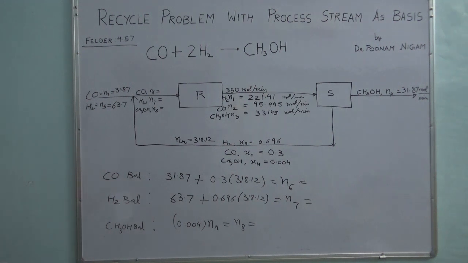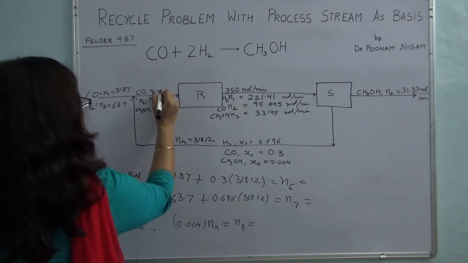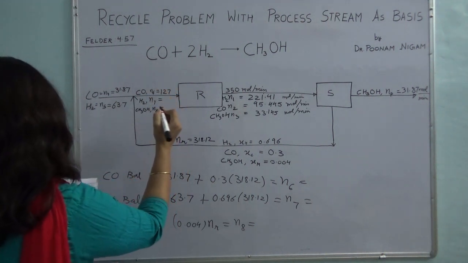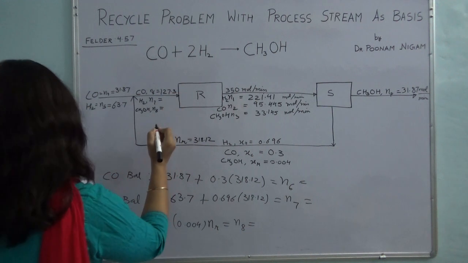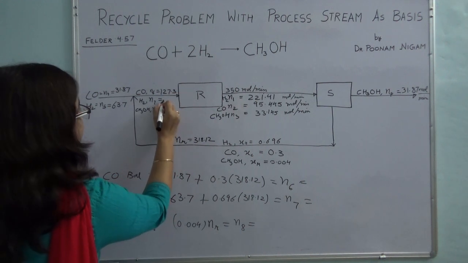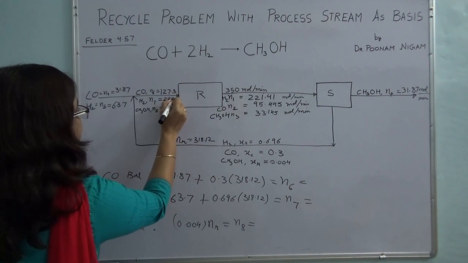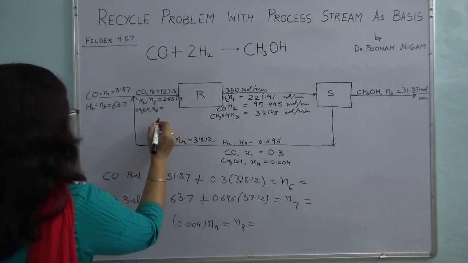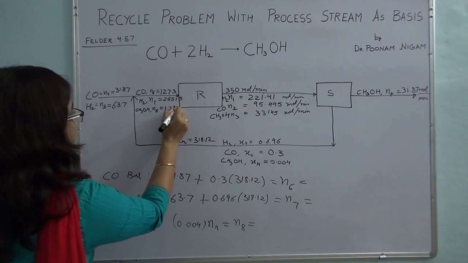So find these values, and I am going to update it in the flowchart. So what values do I get? Let's see. N6 is 127.3. Then I have N7 is 285.15, and my N8 is 1.272.